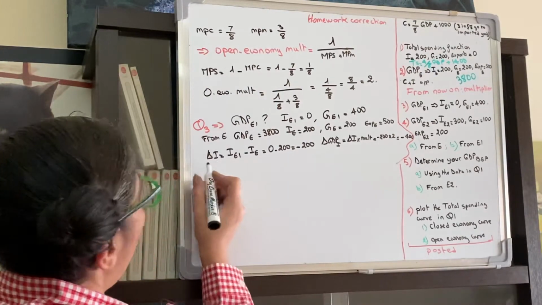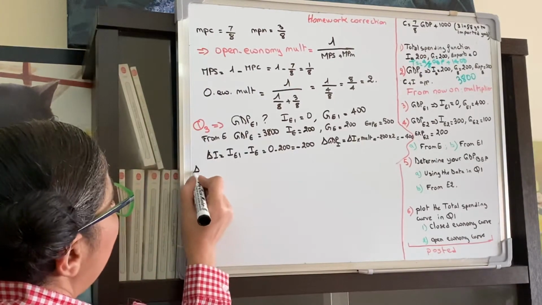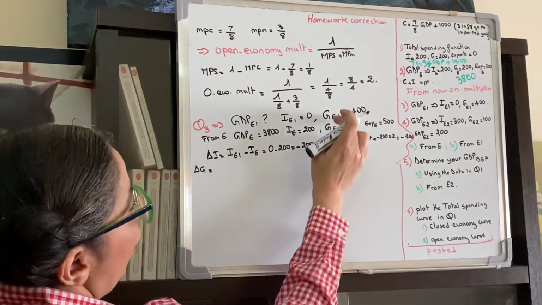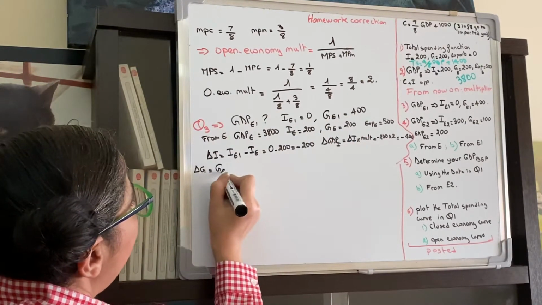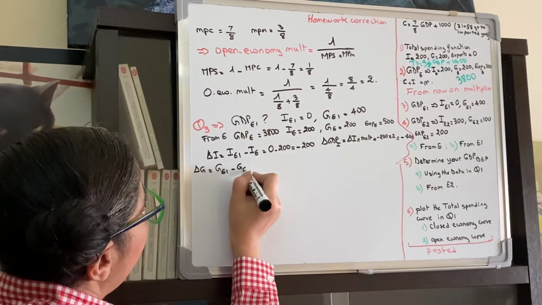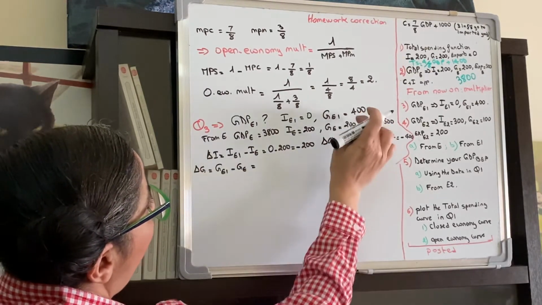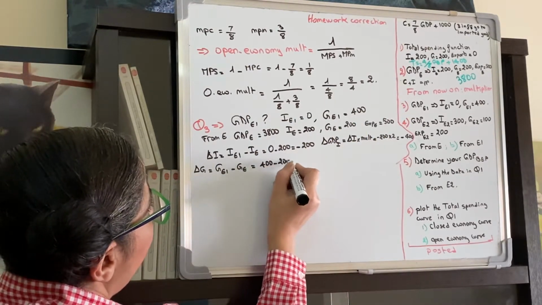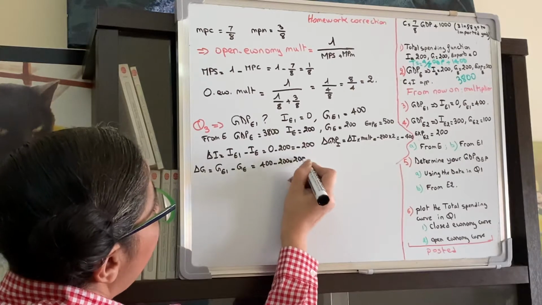We're going to do the same for G now. Delta G is equal to the new G, GE1, minus the old G, GE, which is 400 minus 200, which is equal to 200.